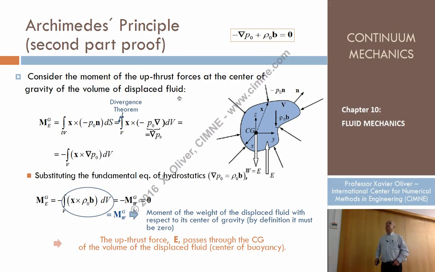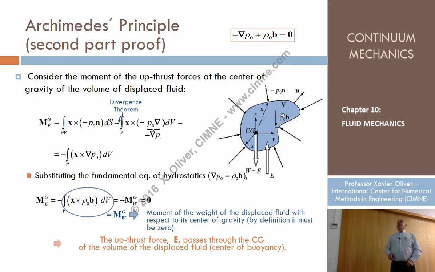And look, this second part can be computed again in the same way. With no loss of generality, let's consider that the origin of coordinates is placed at the center of gravity of the displaced fluid.